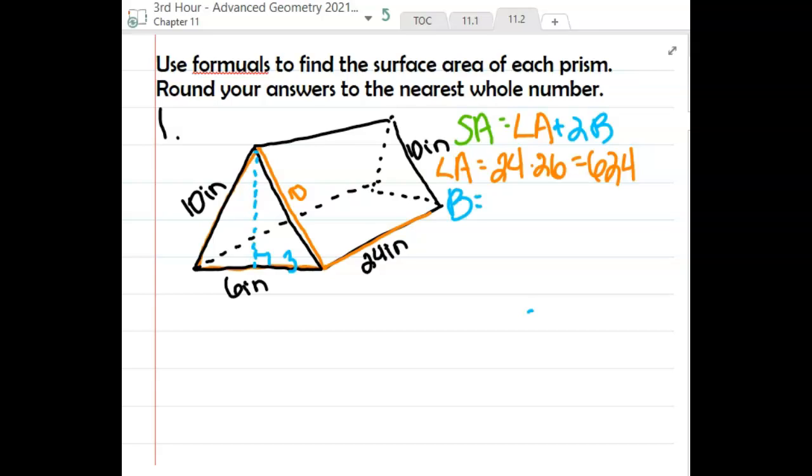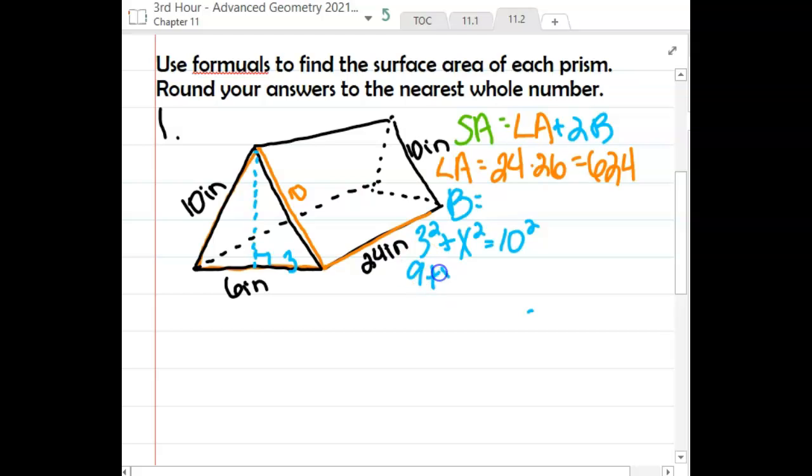Pythagorean theorem. Now be really careful here, because the Pythagorean theorem says if you take the sum of the squares of the legs, I'm missing a leg this time. So we're going to take 3 squared plus, I don't know the other leg, so maybe I say x squared, equals the hypotenuse squared, which in this case is 10 squared.